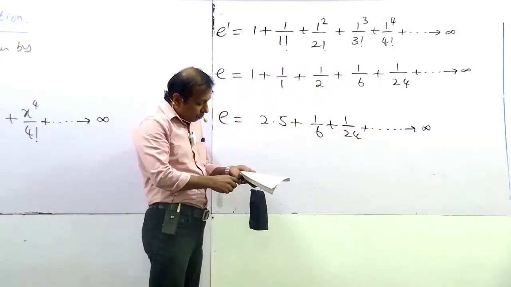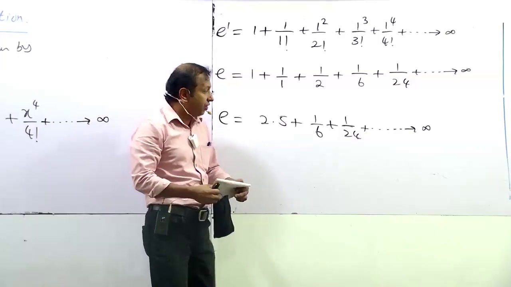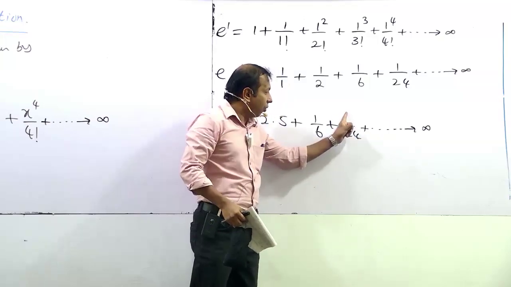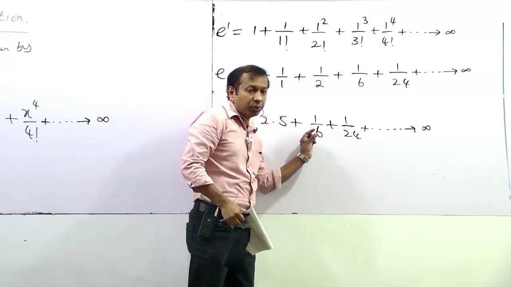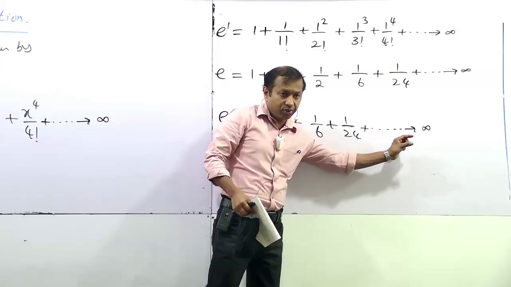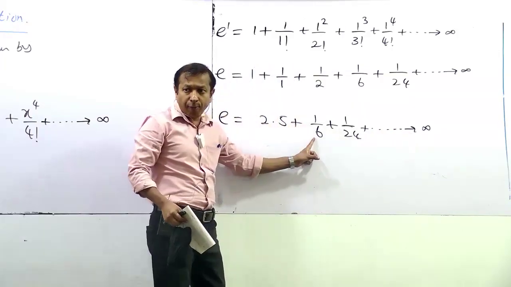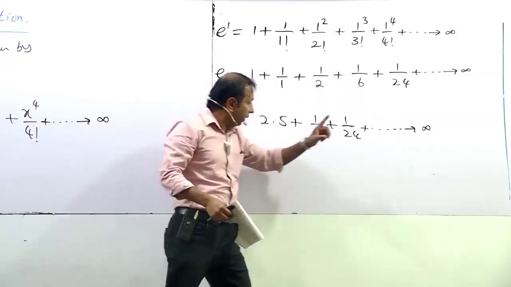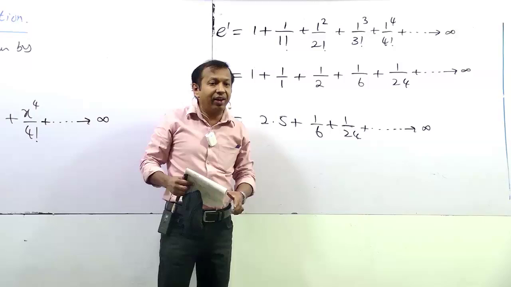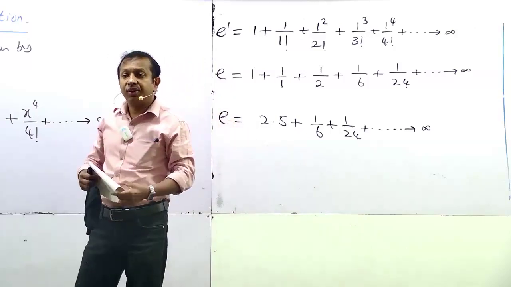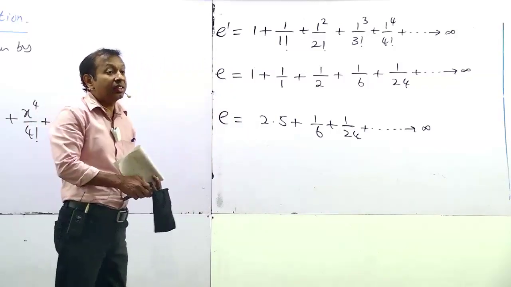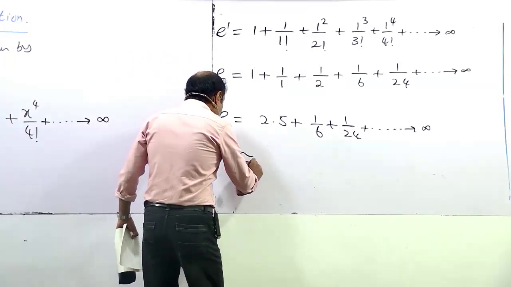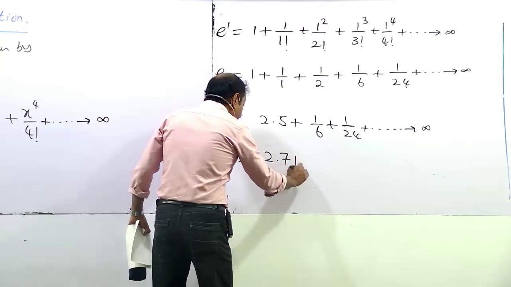Once you move to the right, since the denominator is increasing rapidly, the fractional values become small. When we add all the infinitely many terms to 2.5, up to 2 decimal places we find the value of e. It comes as 2.71. Then approximately e has the value 2.71.